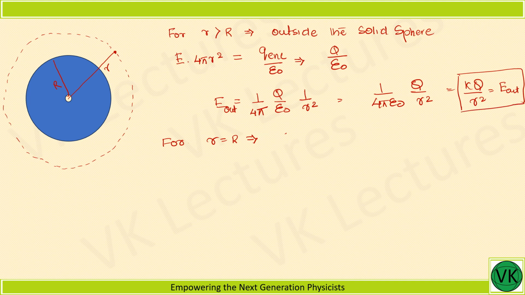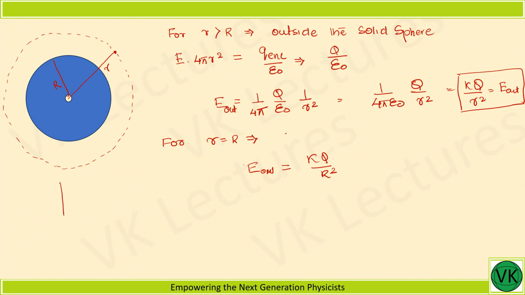Now when r equal to capital R, what we can do is put small letter r equal to capital R in this equation. So E on the surface is equal to k capital Q by capital R square.